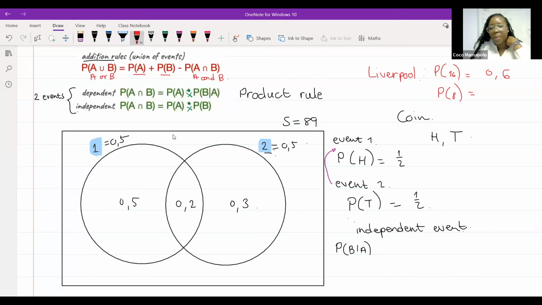The probability of the round of 8 is going to get smaller, 0.4. So these two events are dependent on each other. I cannot have this probability unless we win that game. That's what I mean when I say P of B given A. I cannot find the probability of the second part until I have the probability of the first.